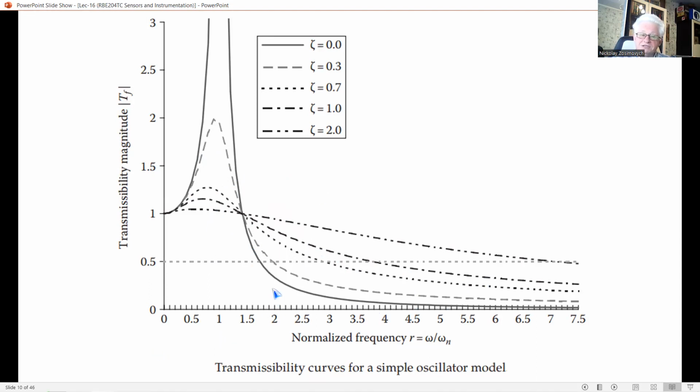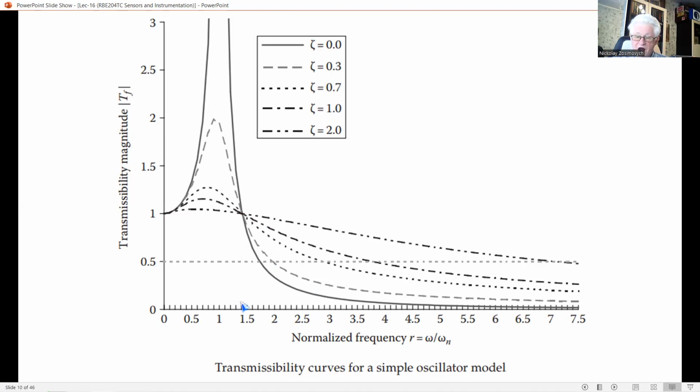The region of isolation, where the absolute value of T sub F is less than 1, between 1 and 0, is given by r greater than square root of 2. So this part here, to the right. And 6, in the isolation region, the transmissibility magnitude decreases as r increases.